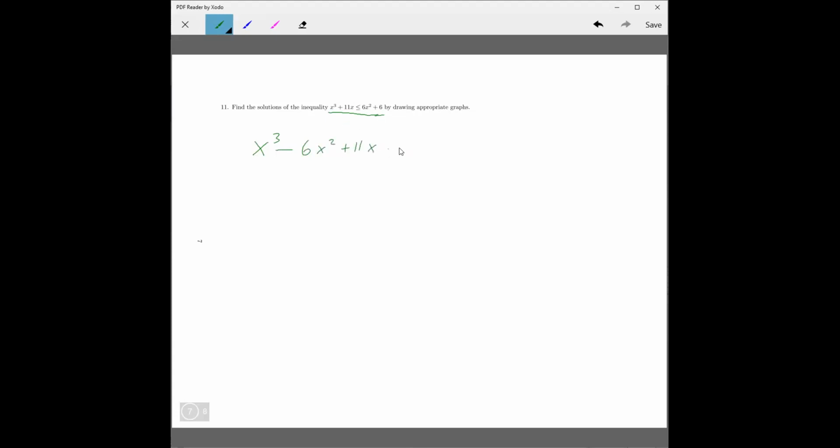And the 6 comes over as minus 6. And it's less than or equal to 0. Okay, and now this means that we're going to look at points that are on or below the x-axis. Okay, that's what we're going to be interested in. Points that are on or below the x-axis. Okay, so let's go ahead and go over to GeoGebra and graph this.